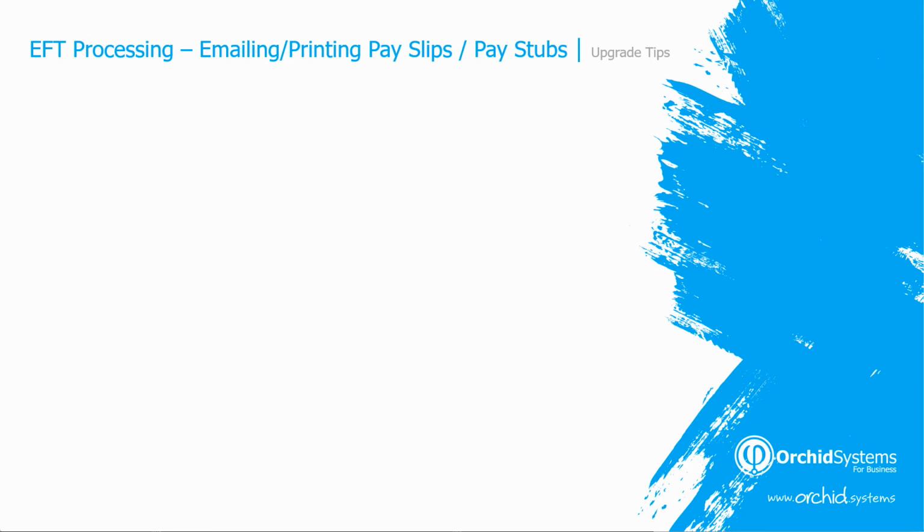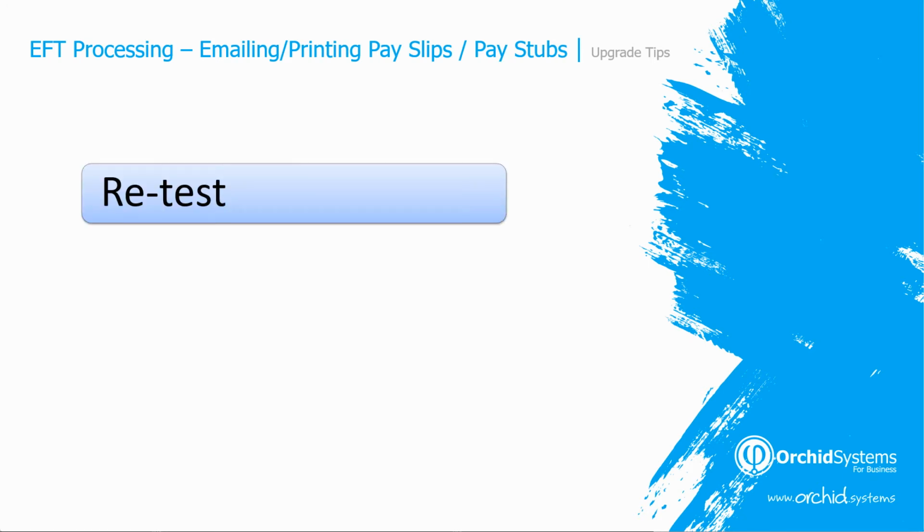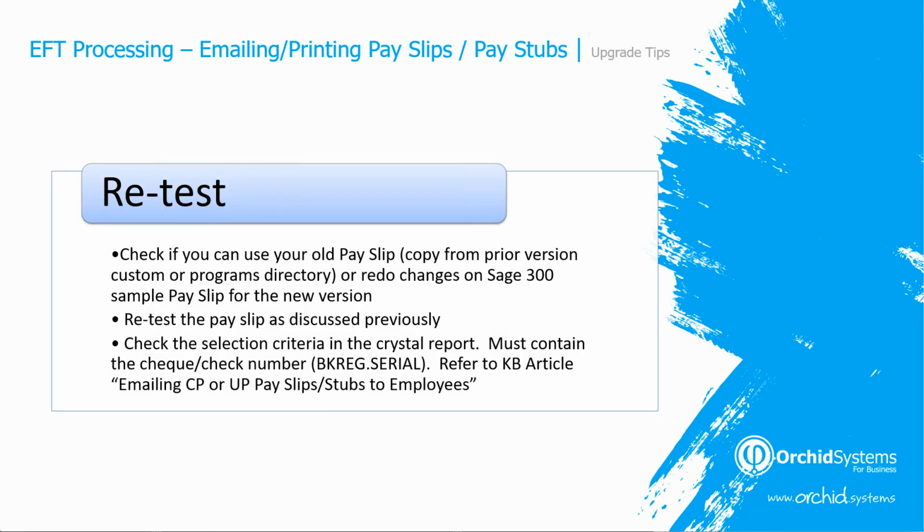Similarly, when you come to do an upgrade, you should retest in full. You should check if you can use your old payslip in this new version of payroll, in which case you can copy it from your prior version's custom directory or programs directory to the current version program directory or custom directory, or take Sage's standard sample and redo the changes that you need to do for the client.